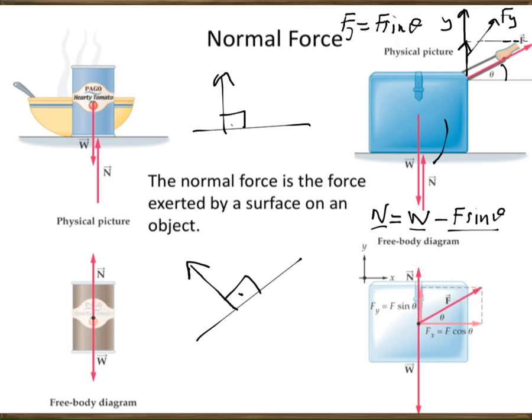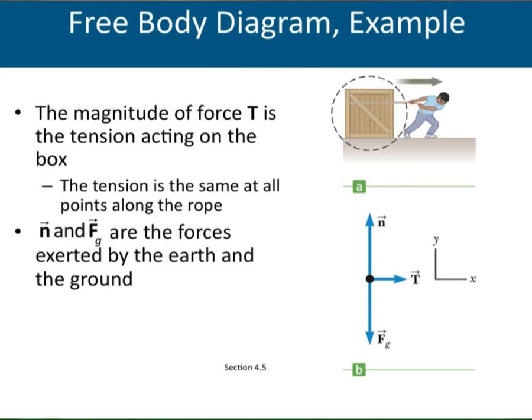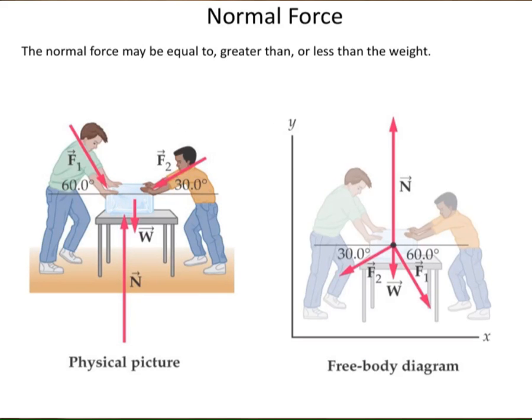But in other cases, for example, in here, these two boys are pushing this box. Pushing this box down. Not exactly down, but at some angles, okay? They're applying forces. These forces have components which are downward, okay? In that case, the normal force will be larger than the weight of the box itself.